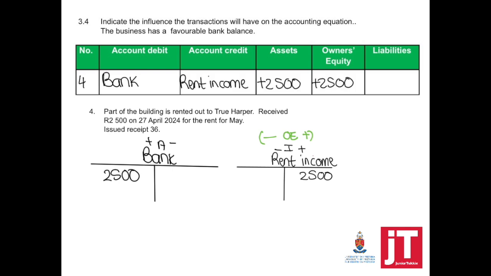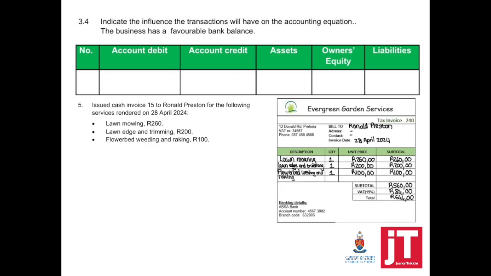So once we're done with the T account, we can list it on the table by saying account debit, bank, account credit, rent income, assets plus 2,500, owner's equity plus 2,500. Transaction number 5.